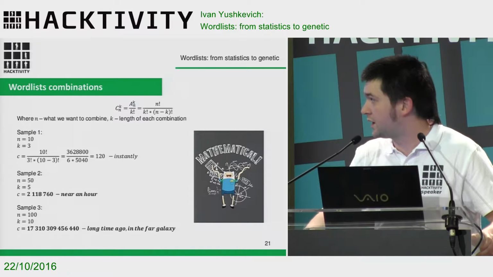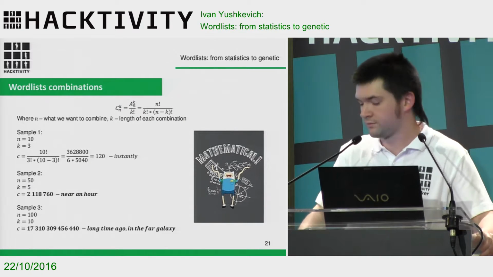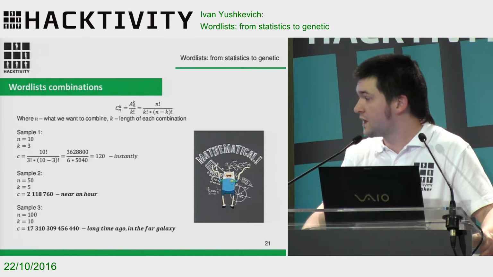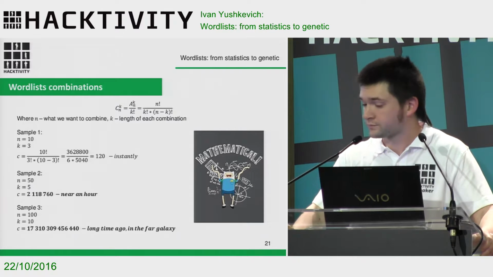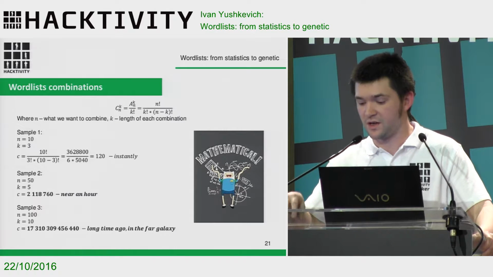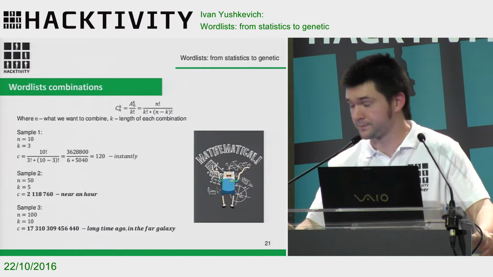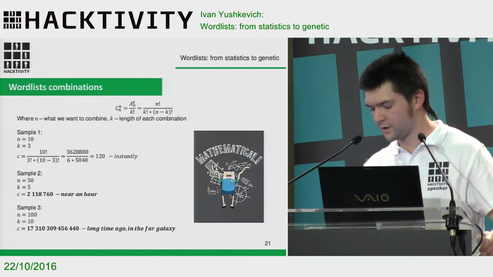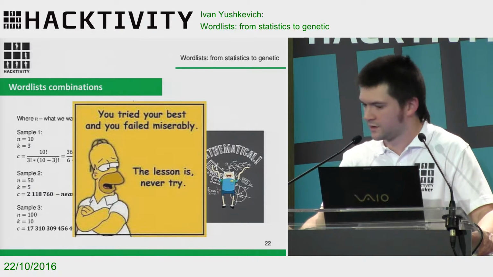Even if you have 50 dictionaries and try to make combinations with 5 of them, we can make it in an hour. But if we increase the number of dictionaries or the length of the combinations, the time we need for calculation will increase very fast. So it's not an answer.